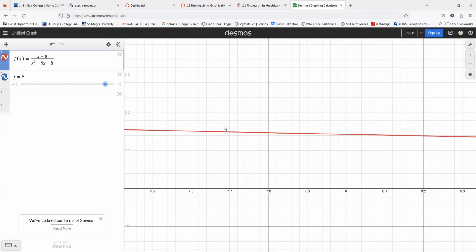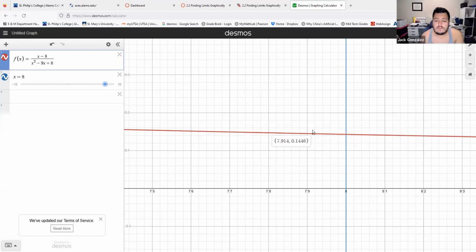So the limit could exist if these values are the same, 0.14 on both sides, 0.143 or whatever. 0.143 looks like. So right before it gets to 0.143, it jumps to undefined. So the functional value does not exist, but the limit does exist.